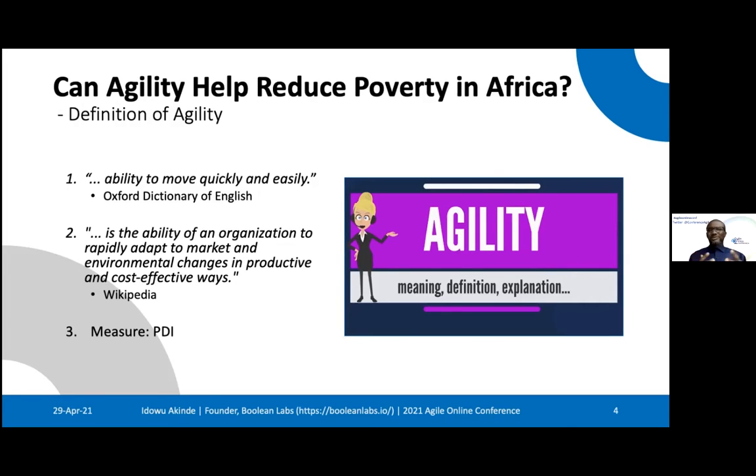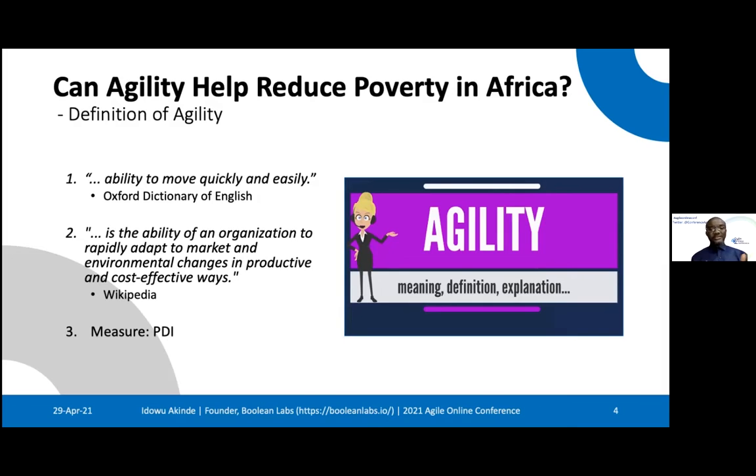That sounds too technical, too far off, not appropriate for the national level. So I thought, which KPI, which metric can someone use to measure agility at a national level? And I landed on PDI, okay?